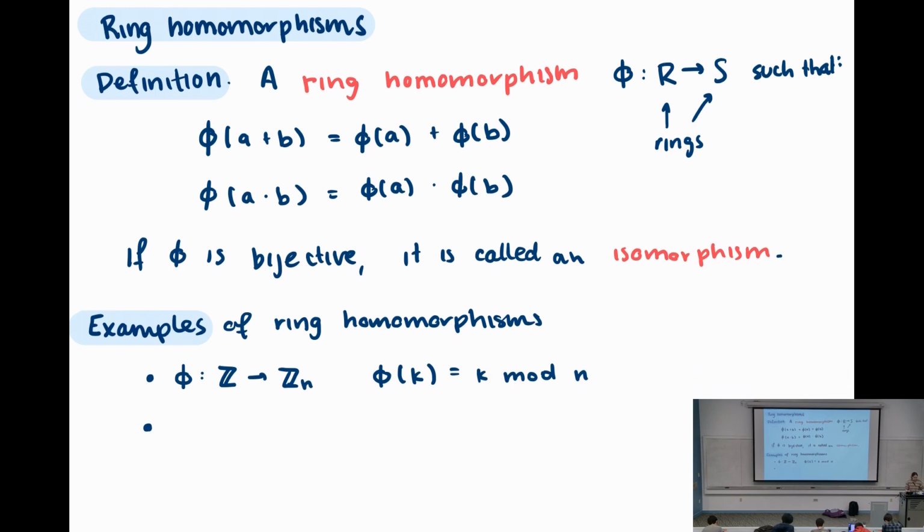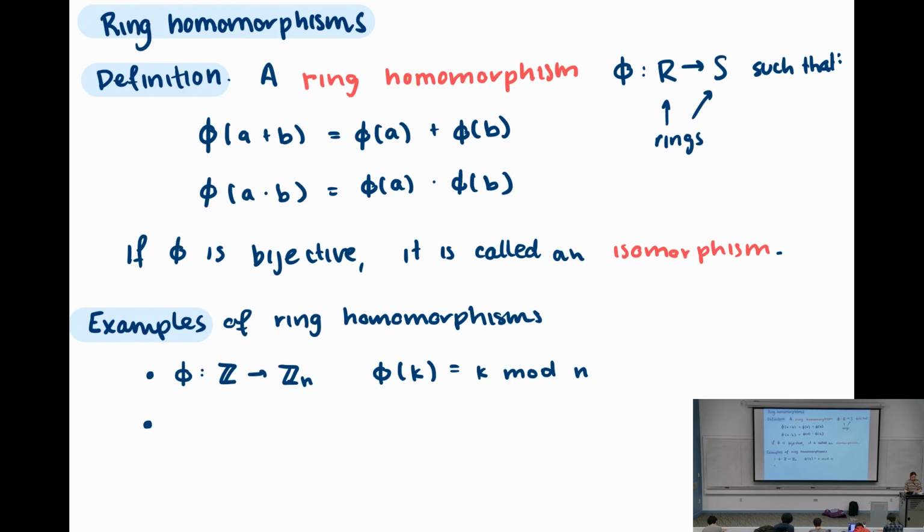And another one that I wanted to show you is from the ring of polynomials in x with real coefficients to the real numbers given by, we'll say we take phi of a polynomial f of x and send that to f of 1. Okay, so if you like, you can check that these two maps are examples of ring homomorphisms.